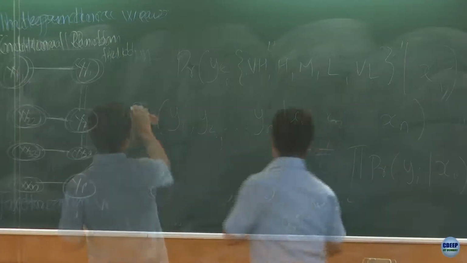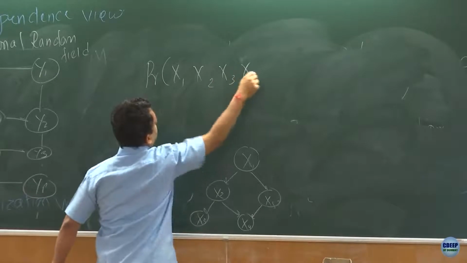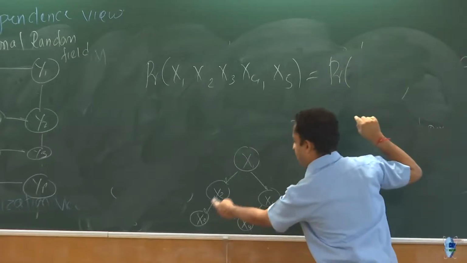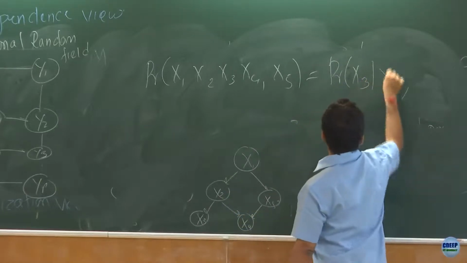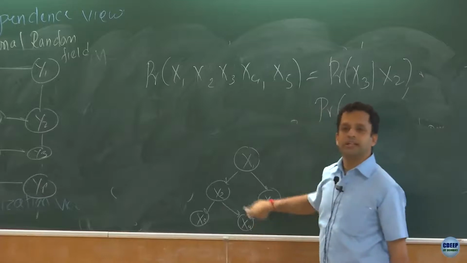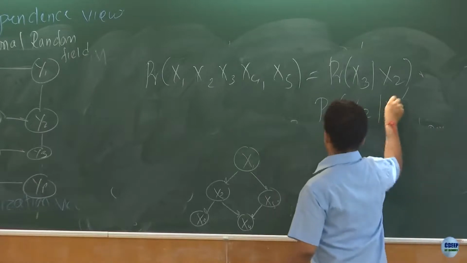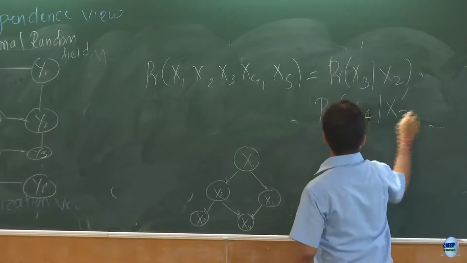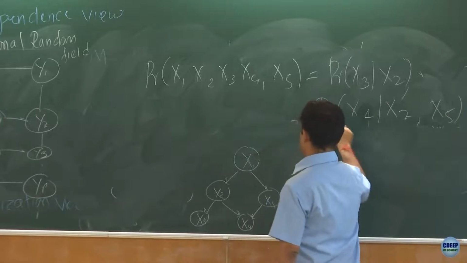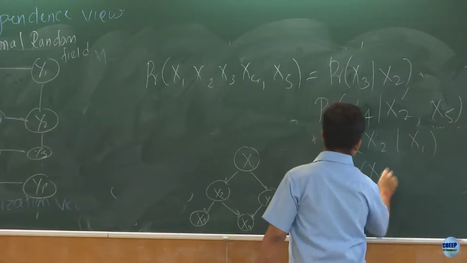For this graph, the probability of x1, x2, x3, x4, x5 is the probability of x3 given its parent x2, into the probability of x4 given its parents x2 and x5, into the probability of x2 given x1, into the probability of x5 given x1.